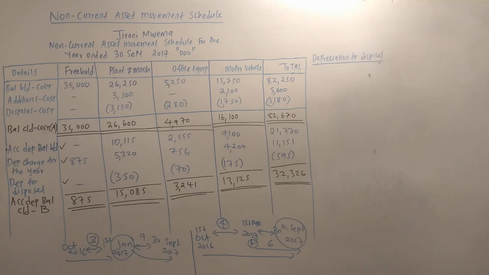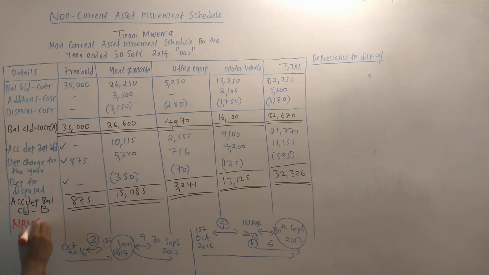Now you can get the net book value. So you can confirm, then we find the net book value. Net book value is the balance at the end.